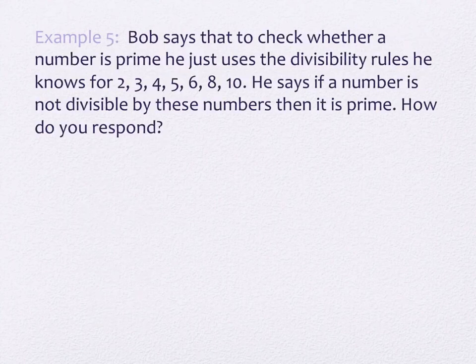All right, Bob is our last example today. Bob says that to check whether a number is prime, he just uses divisibility rules that he knows for 2, 3, 4, 5, 6, 8, 10. He says if a number is not divisible by these numbers, then it's prime. How do you respond?